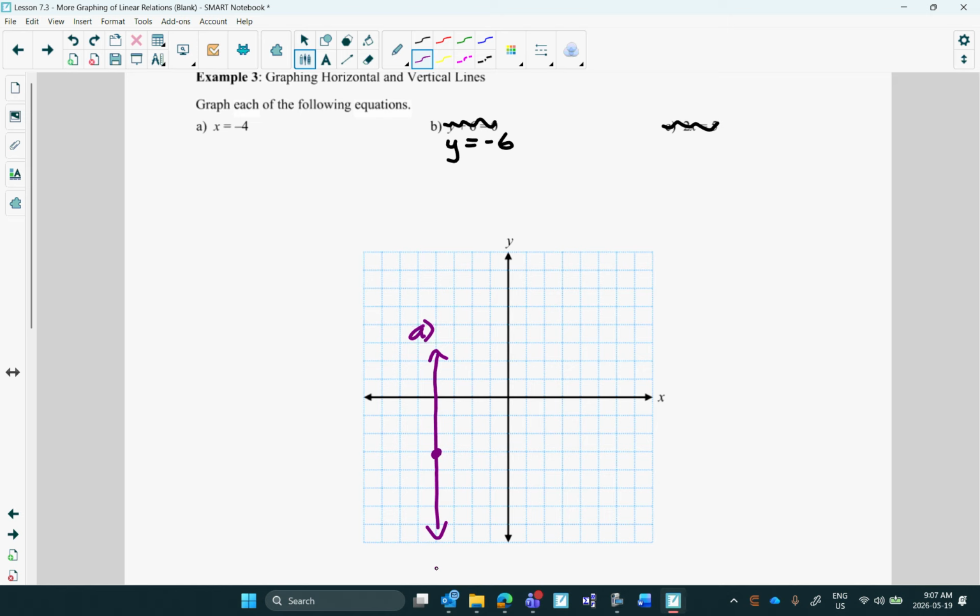Y equals -6. Vertical or horizontal? Horizontal. Why not this way? No, the y-axis is this way, but the actual line you graph is the opposite. It's horizontal. So give me a point where the y is -6.